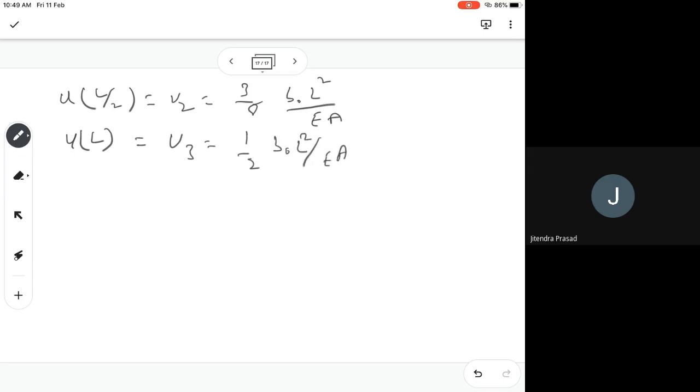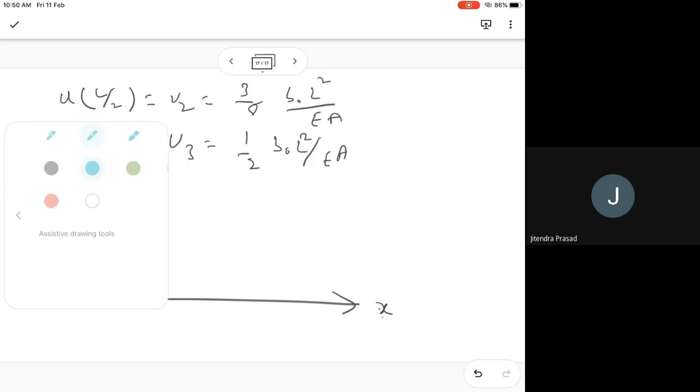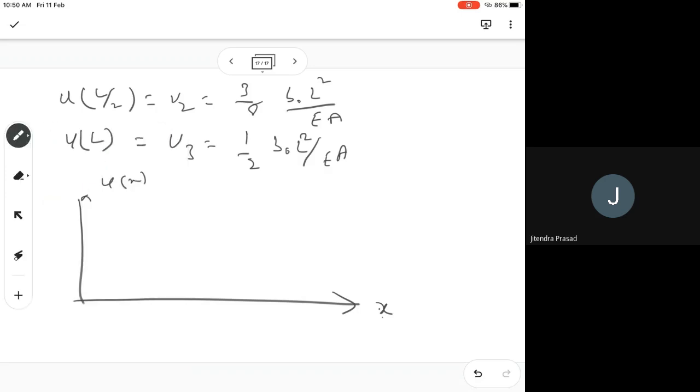Right, so if you compare with our original solution, so far, what do we have? You have X here, you have U of x, and this is the actual solution, how it is actual.